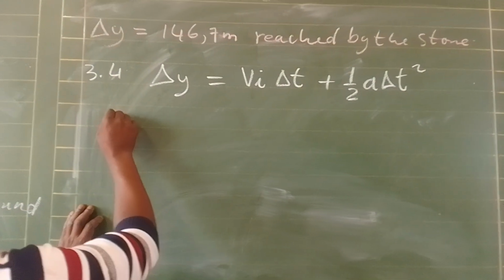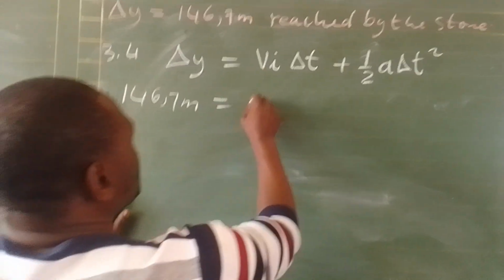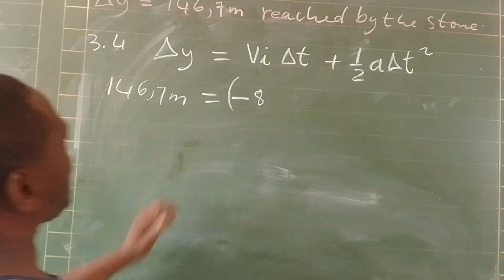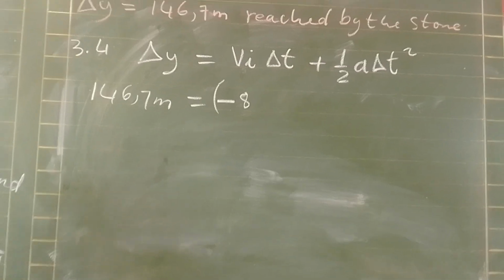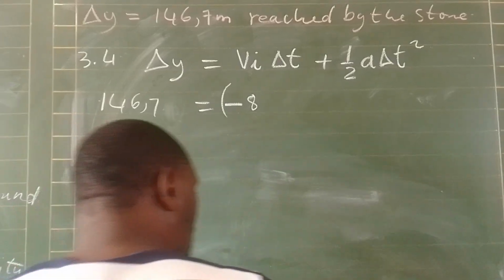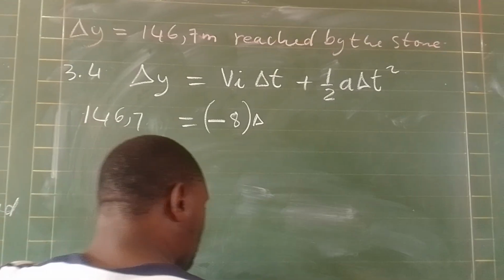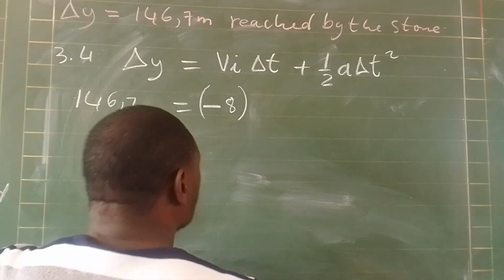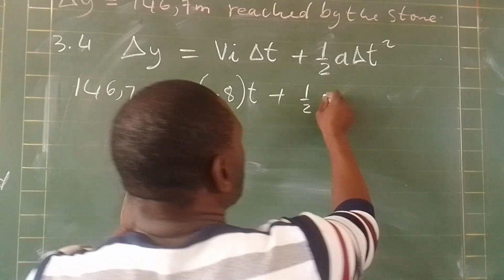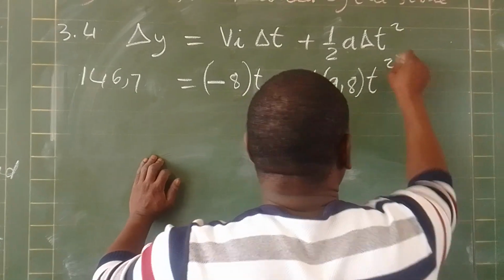So you're going to go like this: 146.7 meters is equal to, our vi is minus 8 meters. Let's take out the units so that our work is simple. Our delta t is going to be called t. We use t plus half, a is 9.8, multiplied by t squared.